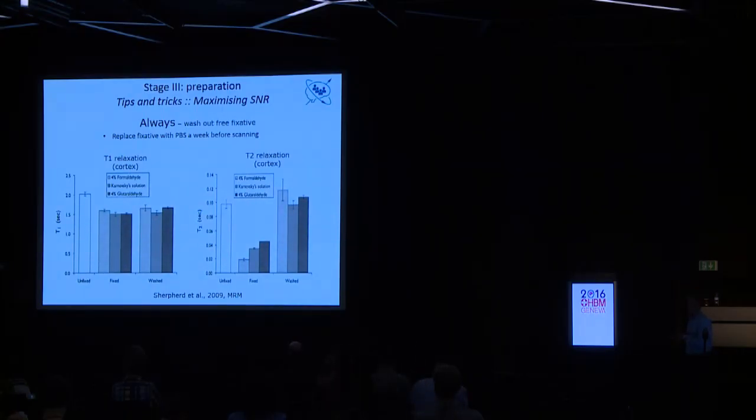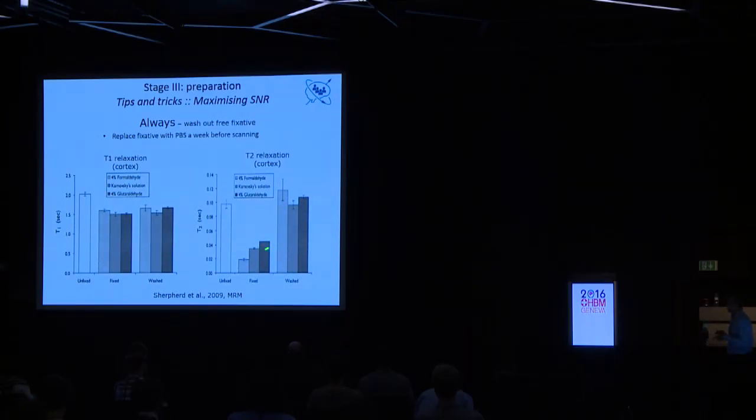But T2, which is important when we do diffusion MRI, is directly linked to our signal to noise. In the unfixed tissue we have about 100 milliseconds. But with the fixed tissue, when we have not washed out the fixative, we have a significant decrease in the T2.